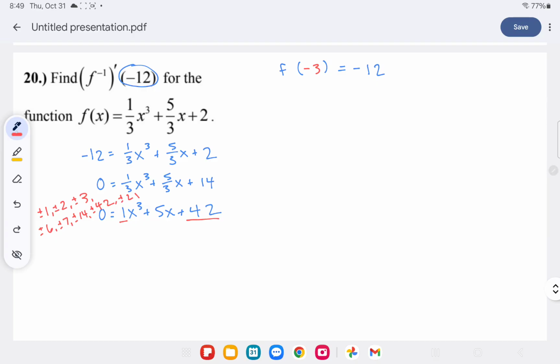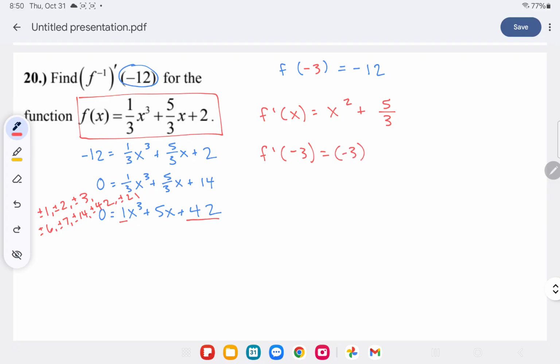All right, so what we're going to do, because we know what the function f is, we're going to find the derivative of f. So using our power rule, we get x squared plus 5/3. That's the derivative of f. So the derivative of f at negative 3 would be 9 plus 5/3, or 27/3 plus 5/3, 32/3.